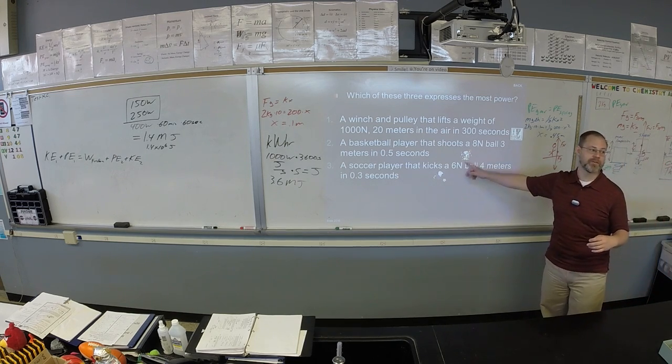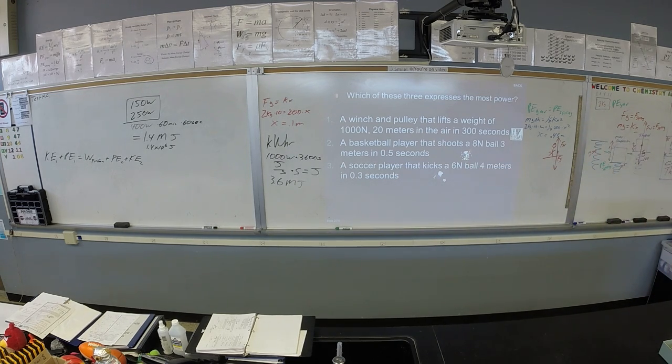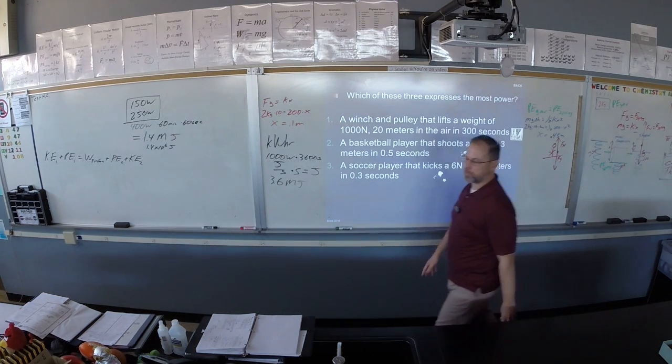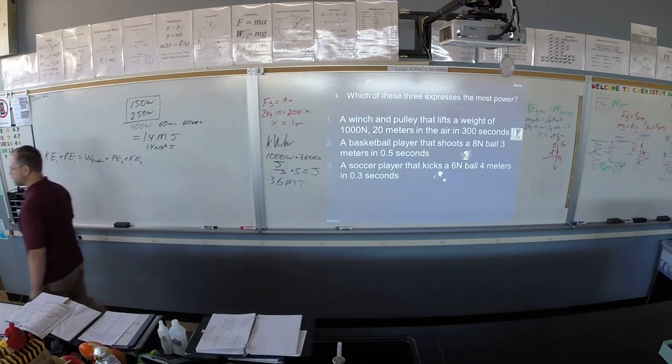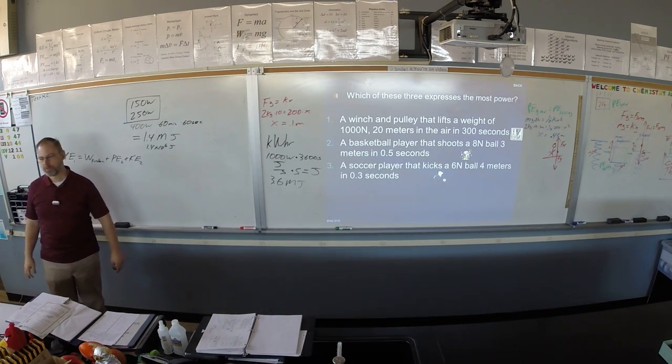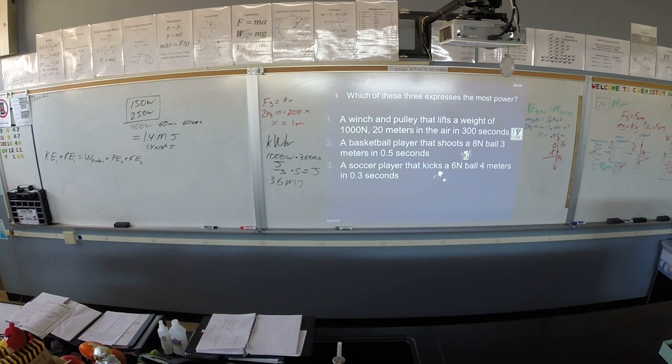So just bang on these calculators and find out which of these 3 devices is more powerful: a soccer player's foot, a winch, or a basketball player's arm. It's the last one. The last one's 8.